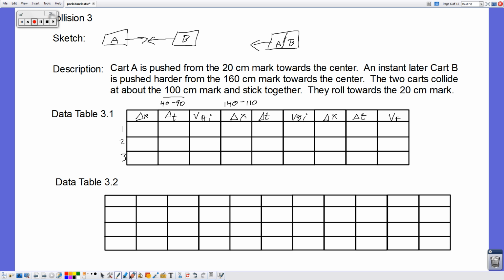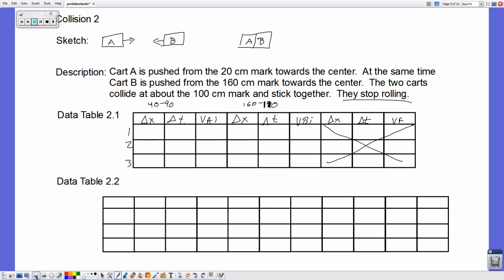Oh, I fixed that earlier, didn't I? There we go, 160 to 110. Alright, and then over here is going to be 90 to 40. Alright. Again, this is completely identical.